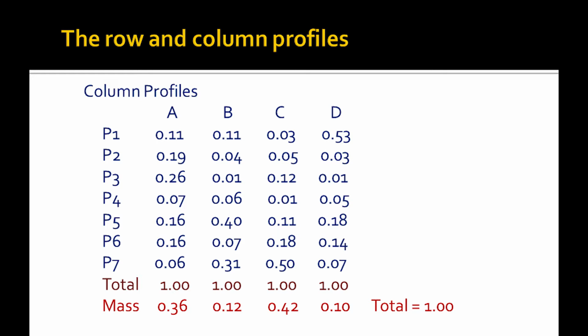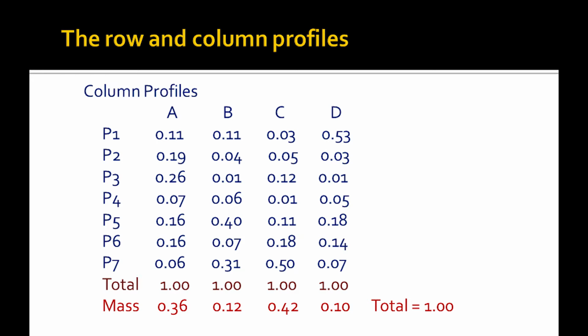Similarly, we can look at these columns for A, B, and C, and this again tells us how the potteries are distributed over a given site. So which pottery is prevalent or more abundant in a particular site can be easily seen from here. Then again, if you look at the last row, it gives us the mass for each of these site variables.